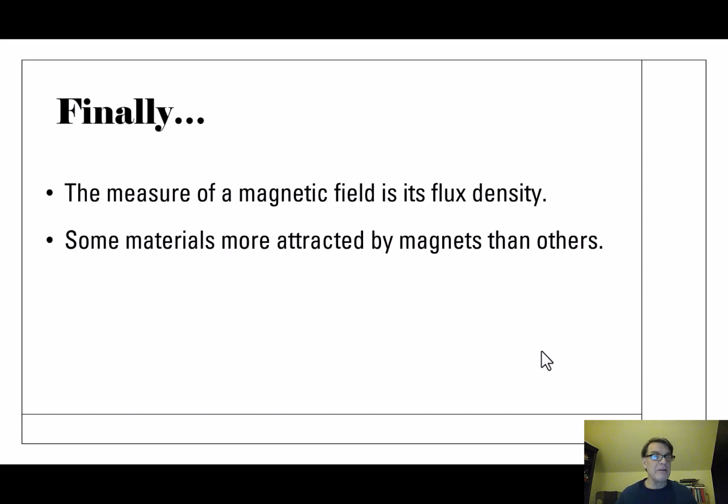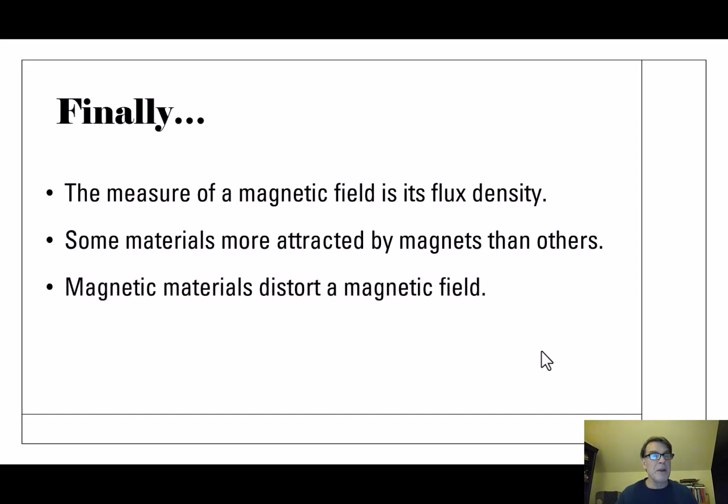That's why we use the iron filings to see where the magnetic field is. We don't use plastic filings. And then magnetic materials distort the magnetic field. So if you have 2 magnets next to each other, their magnetic fields are going to interact with each other and will distort an otherwise nice and tidy field. There you have it, the 6 main principles of magnetism.